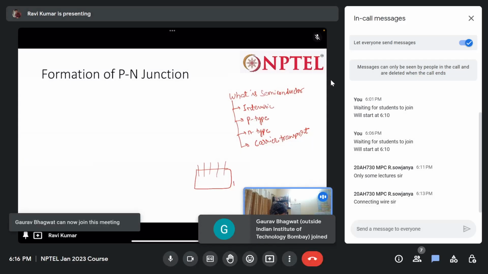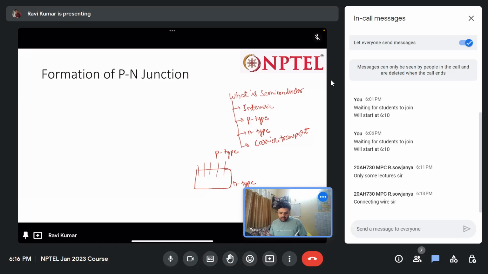If this is the n-type semiconductor, we keep it in the p-type environment, and the p-type material comes onto the n-type atom by atom. So this connection is at the atomic level, but connecting wires won't create a connection at the atomic level. This is how a p-n junction is created.